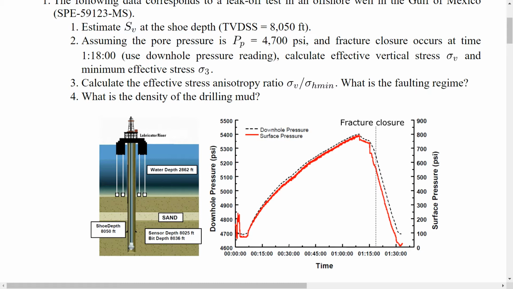So that's going to be the first step to compute SV, and then we're going to use the plot. So that should take you less than 1 minute to compute SV with those values, and you tell me what the answer is. And in the meantime, I'm going to get this on.